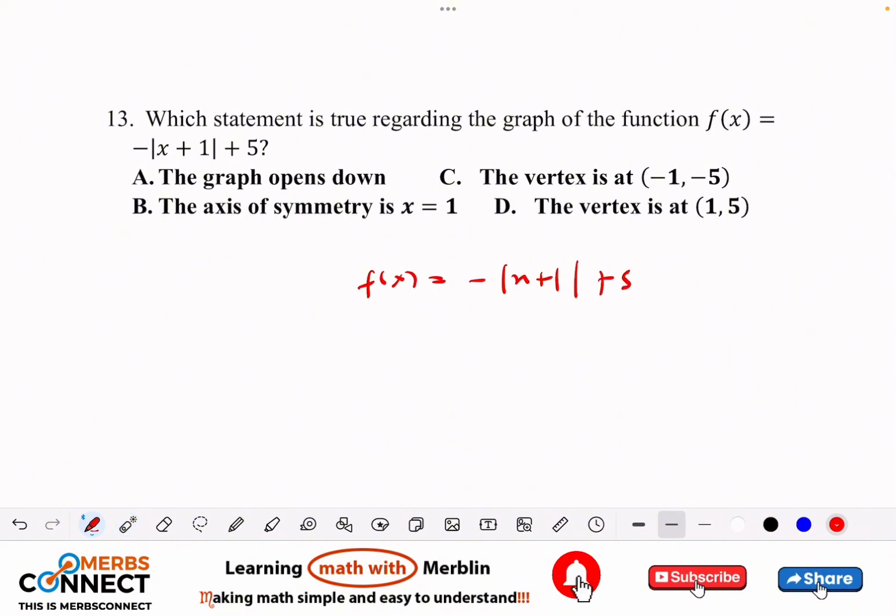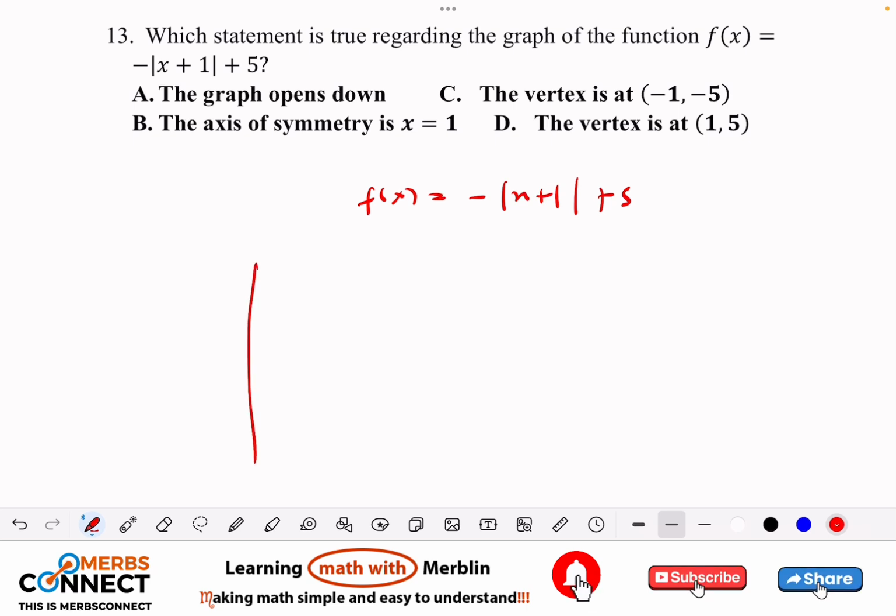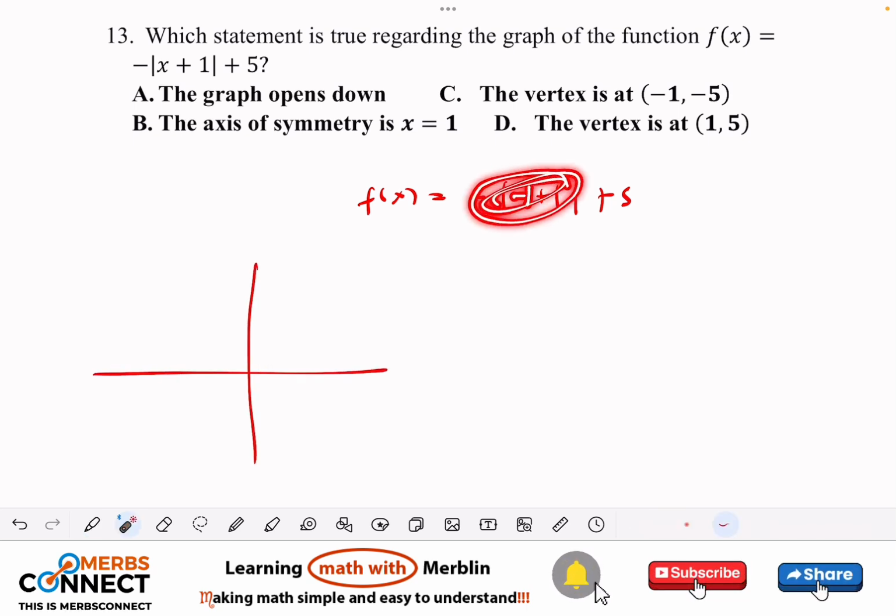Here, we are going up 5 because it's positive, because when x is minus 1, this will be 0 and y should be 5. So we are going to get 5 here. Then what happens when y is 0? Let's check when y is 0. So this is when we get the 5 when x is minus 1.